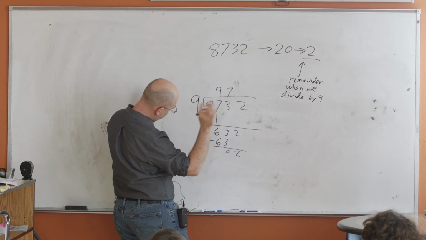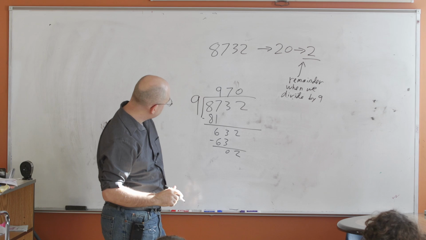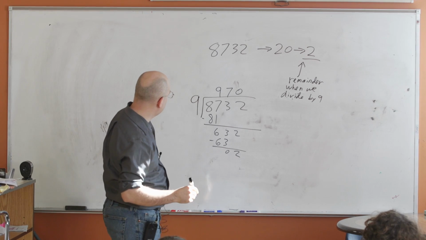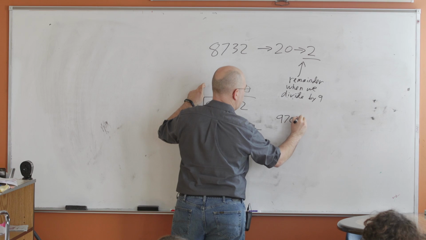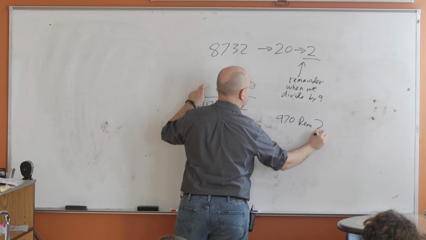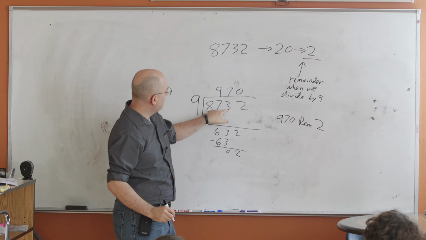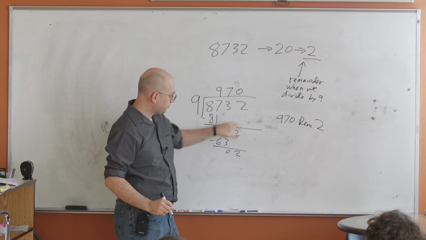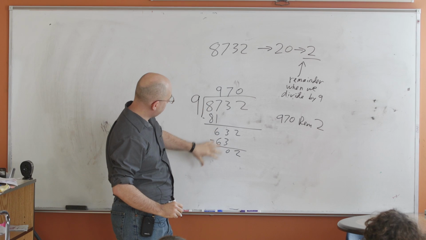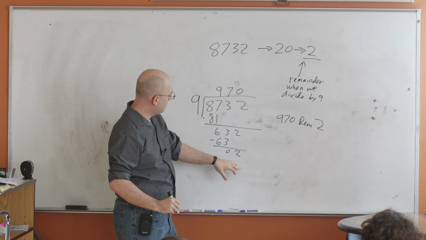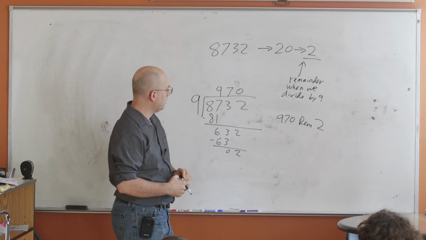9 into 2 isn't going to happen. And so 970 with remainder 2 is my answer of dividing 9 into 8,732. You just do it 2 digits at a time, subtracting out until you're left with something that's less than 9, and then you're done.